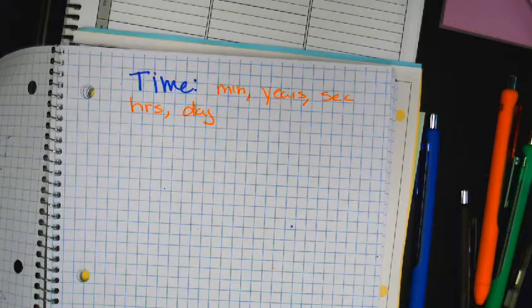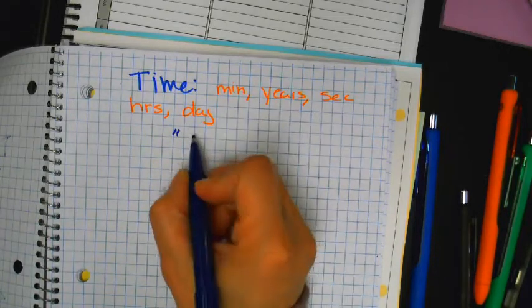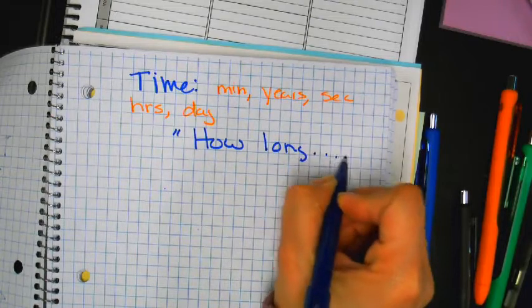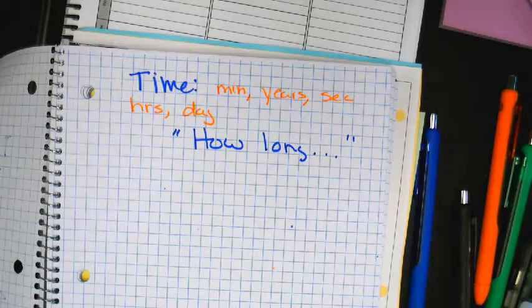How long does it take me to drive to Vegas? How long does it take me to drive to Mexico? 4 hours. How long does it take me to drive to Texas? 17 hours. So the way you read this, and this is the one that kids confuse: how long did it take you to drive to Texas? How long did it take you to drive to Oregon?